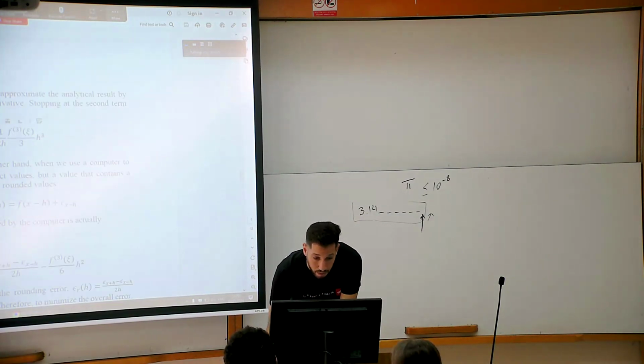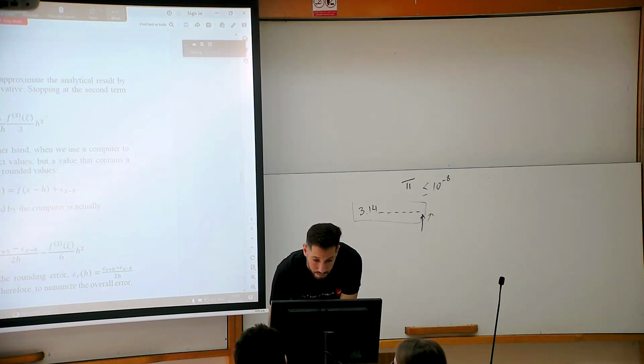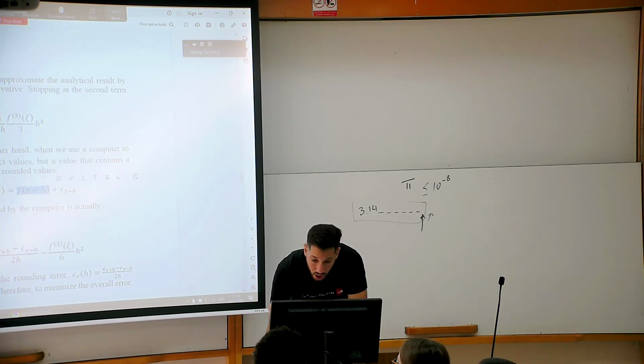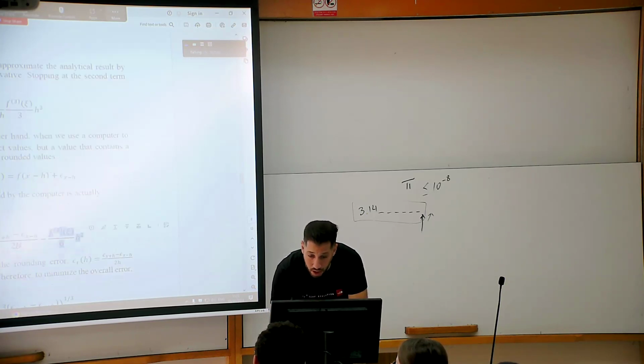Here we have epsilon for the first value, and another epsilon for the second value. So when we calculate f minus f divided by 2h, we have another error other than the truncation. This is a consequence of the rounding.